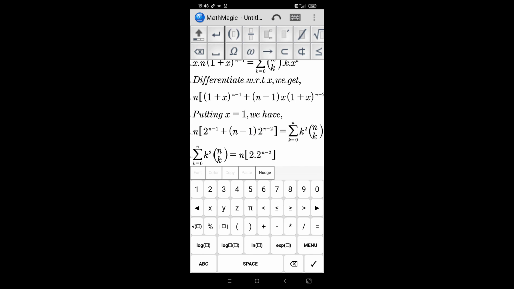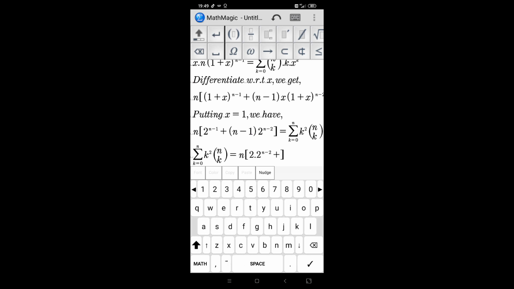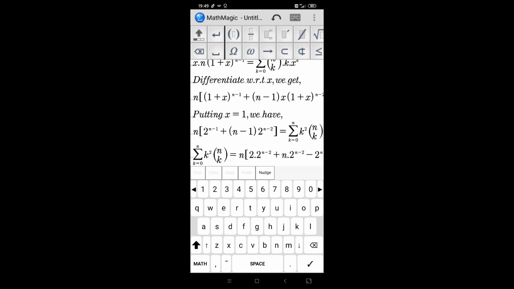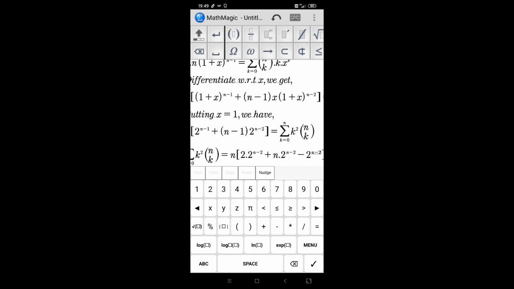In order to get n minus 2 from n minus 1, we just multiply by 2, so 2 into 2 times 2 to the power of n minus 2, plus n into, opening the first bracket, n into 2 to the power of n minus 2 minus 2 to the power of n minus 2.